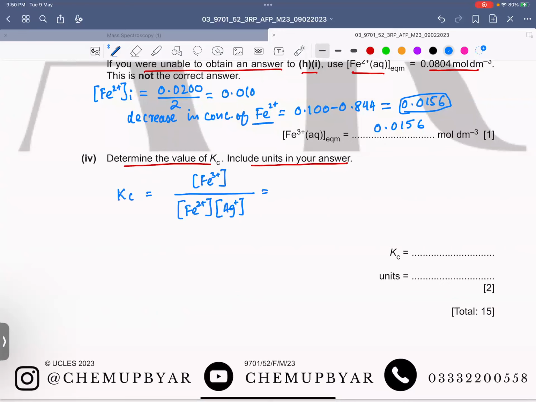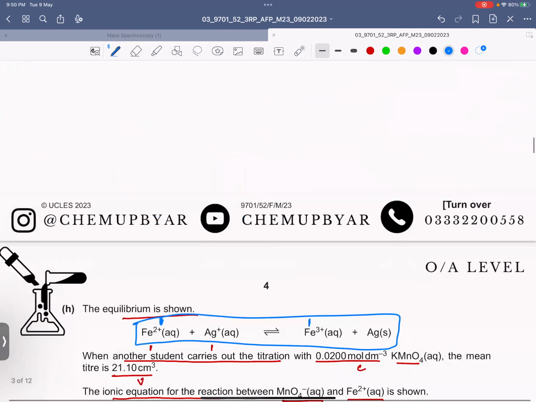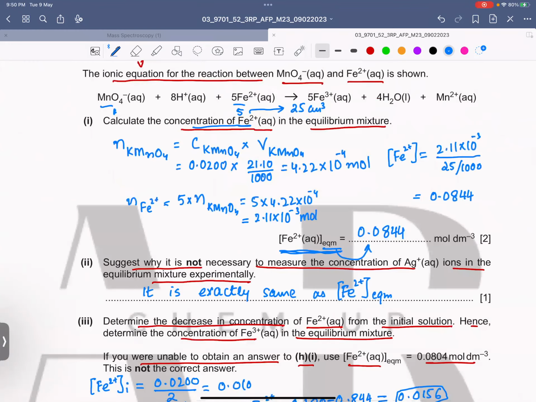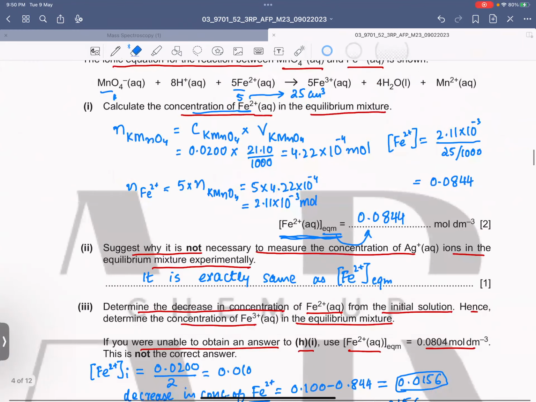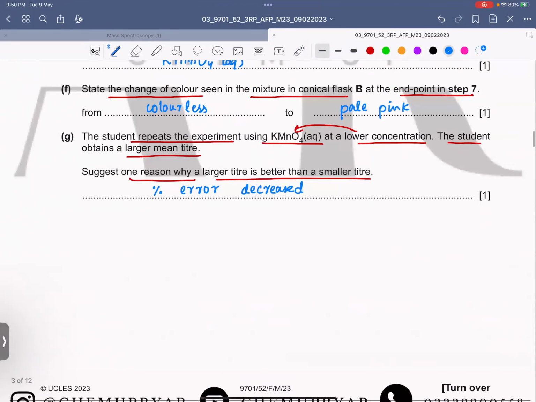So the concentration of iron 3 positive ions at equilibrium is 0.0156 divided by, here we got the concentration of iron 2 positive ions at equilibrium, which is 0.0844. And we have discussed that the concentration of silver ions would be exactly the same. So 0.0844 times 0.0844. And this Kc expression is given at the start of the question.